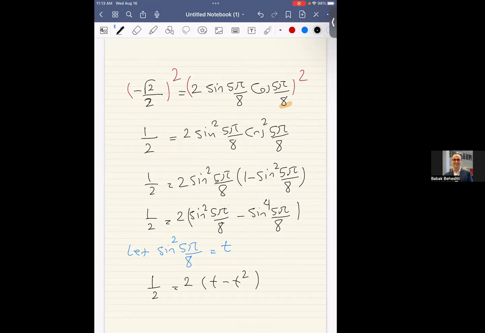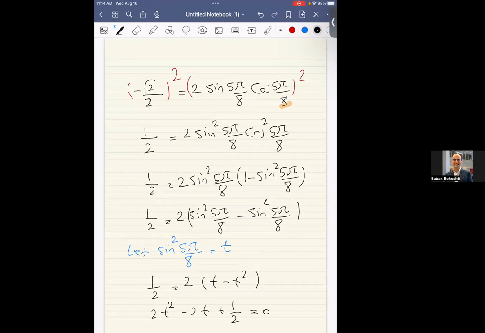Then this is a quadratic in t, and you can find t, right? So what is the quadratic equation that we have here? You have 2t squared minus 2t plus 1/2 equal to 0.